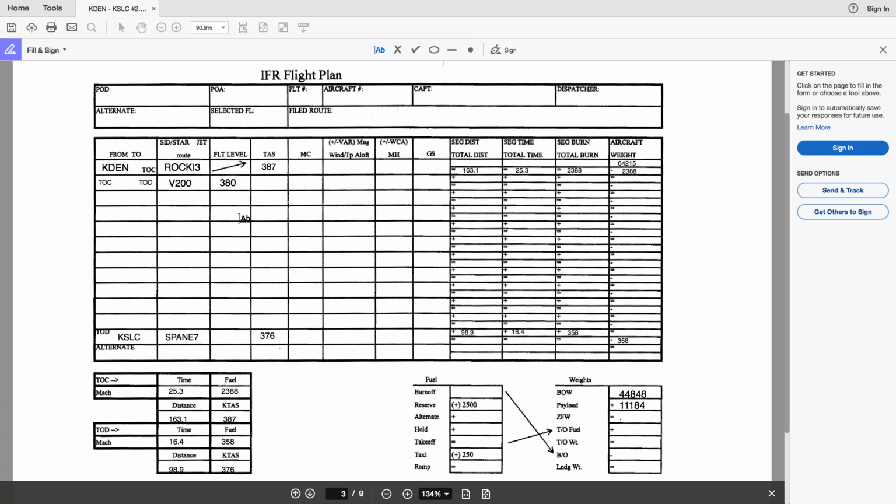We know that the center here is the end of our SID and the beginning of our STAR, right? Does that mean that's where our top of climb and top of descent are? No. Okay. What did we do last time to figure out how much space is left between the two? Because we know it's pretty close, right? We just took our two mileages here, 163 and 105. We added 105.3. What did that give us?